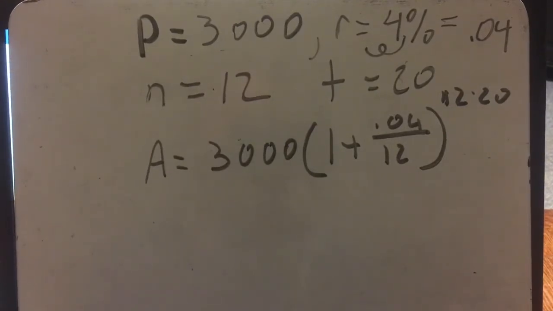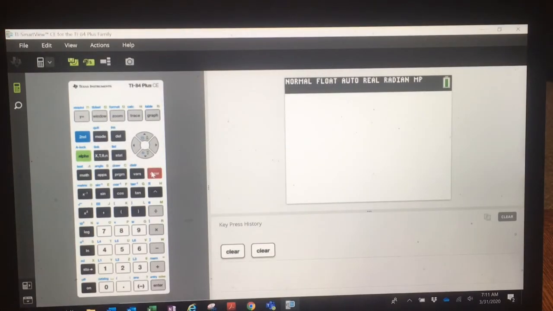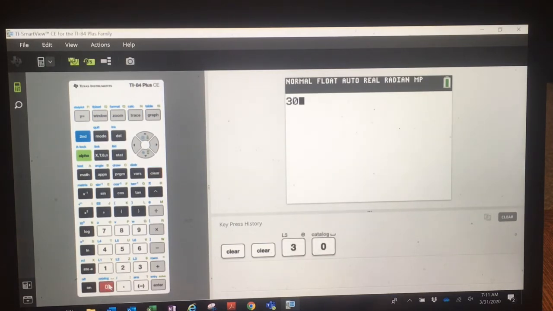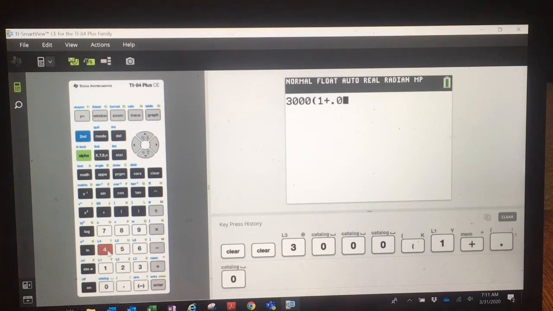Now, at this point, all I've got to do is put it in the calculator. So let's do that. All right, so let's take a look. So we're going to put in our initial value, 3,000, parenthesis, and I'm going to put it in just like I had it on the board. 1 plus 0.04 divided by 12.